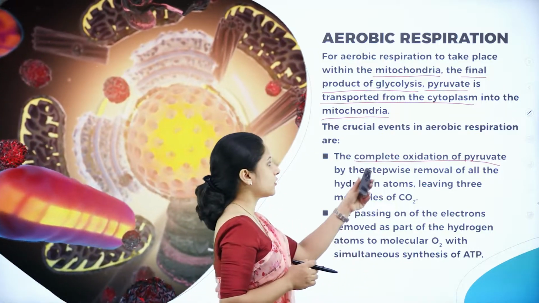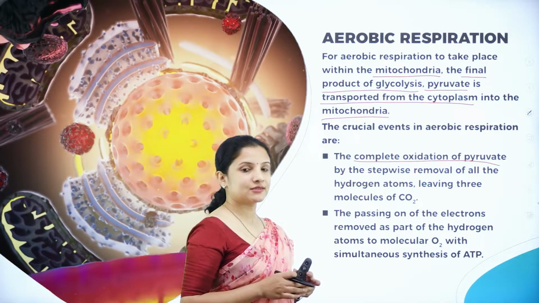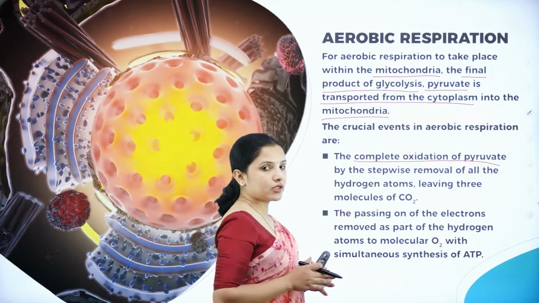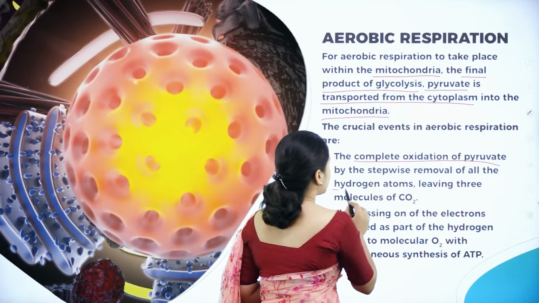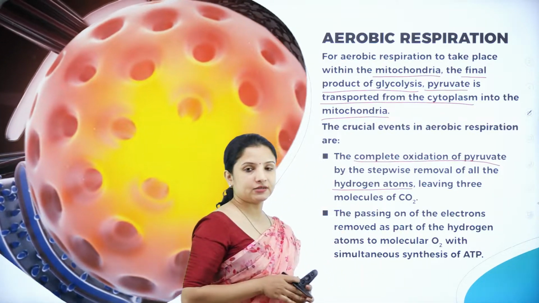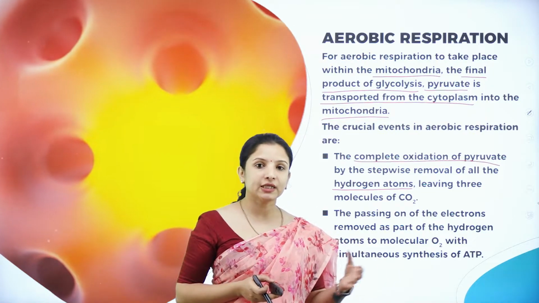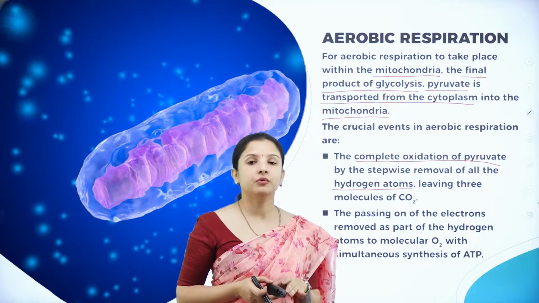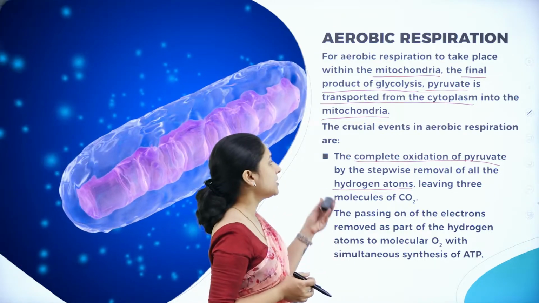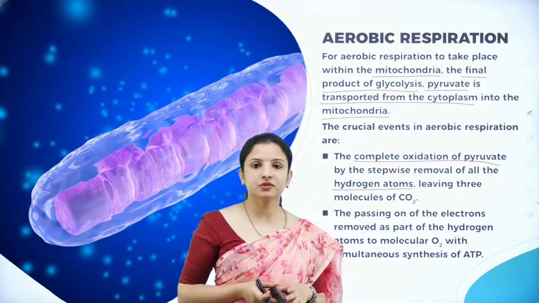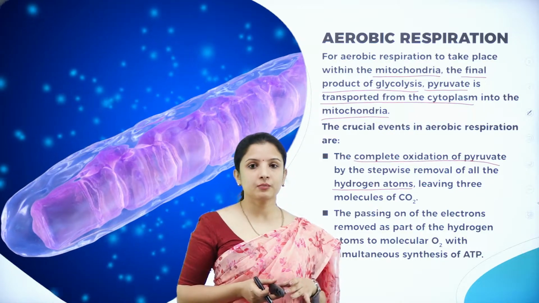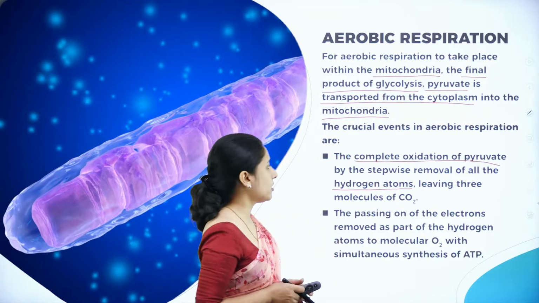In the mitochondria, complete oxidation of the pyruvate will take place in a stepwise process, and during this process, the hydrogen atoms will be released. So where were the hydrogen atoms present? They were present in the NADH plus H plus, right? Hydrogen atoms are made up of one proton and an electron. We know about it.